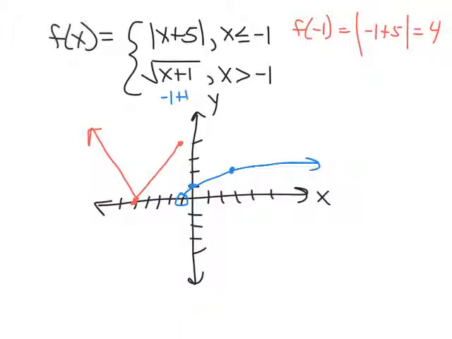I used 2 different parent functions and some translations to kind of show you what we can do with this. You just break it down in pieces. I would find the point of transition, which is whatever this value is when it's included, the point, and put a closed circle there. That way you know the other one has to be an open circle.